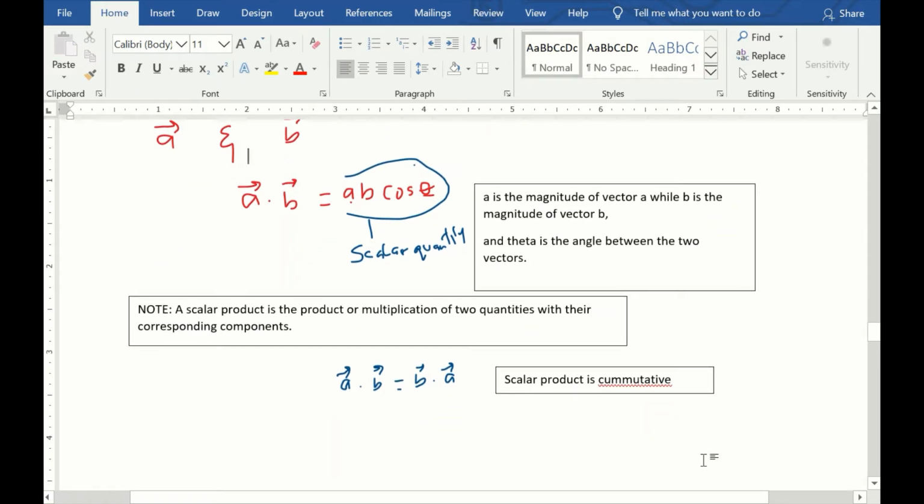Now, how do I use scalar product? Look at this, guys.